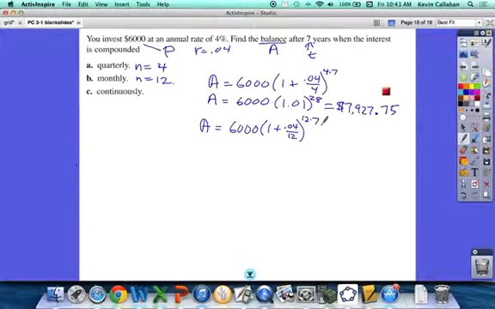So let's see, 6,000 times parentheses 1 plus 0.04 divided by 12 raised to the 12 times 7, 84. 7,935.08. $7,935.08.